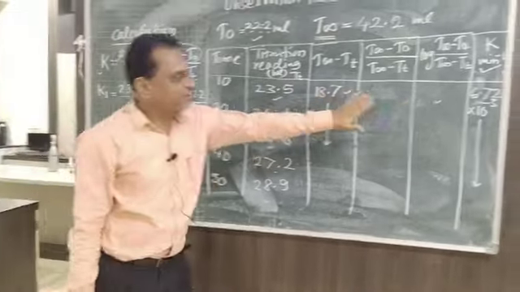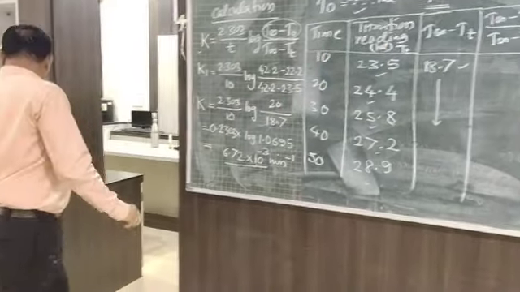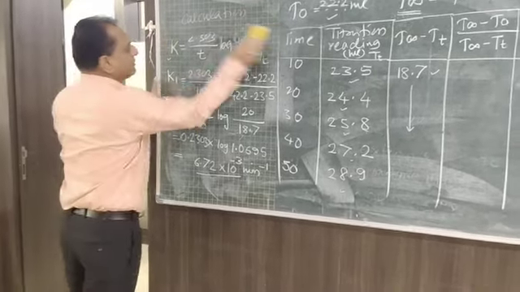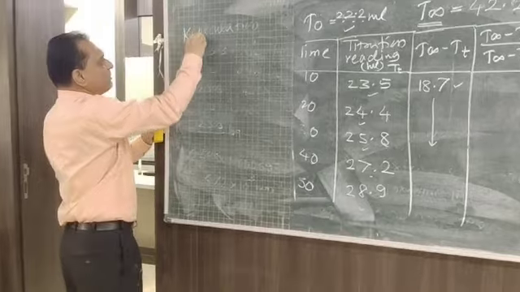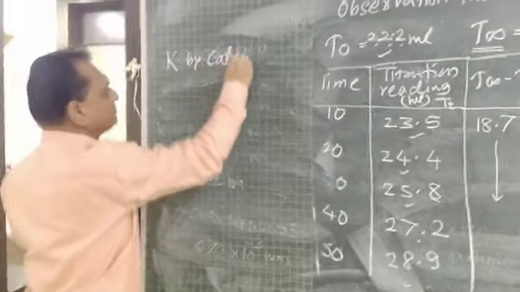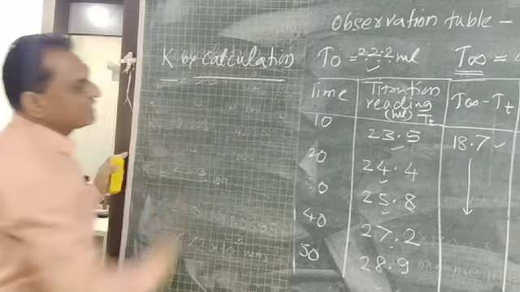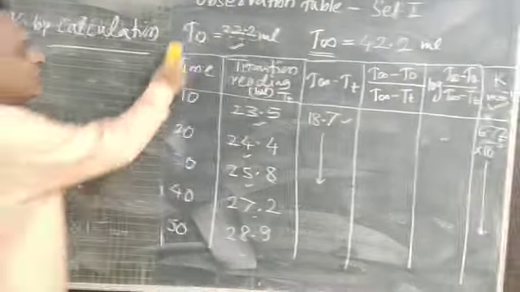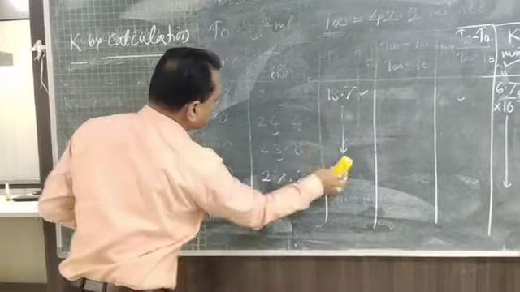Then take the mean of these 5 values, and this mean is represented as the K by calculation. It is the mean value of all these K's which are calculated using the first order rate constant formula.